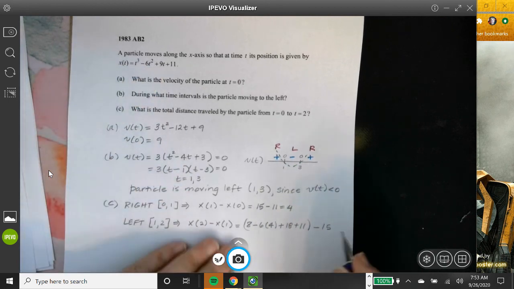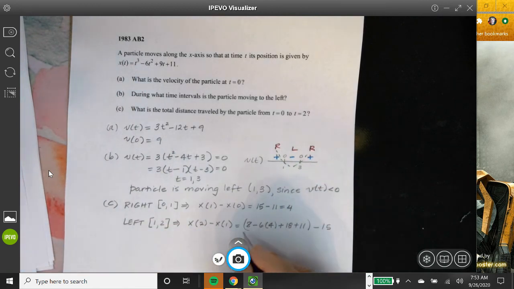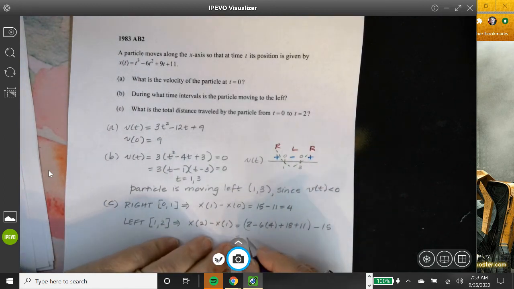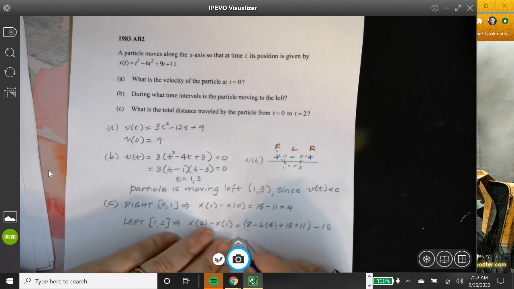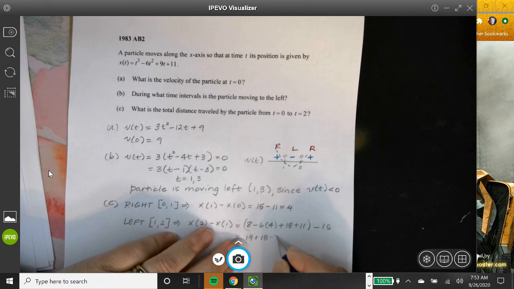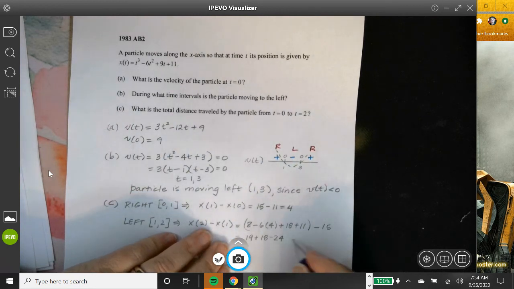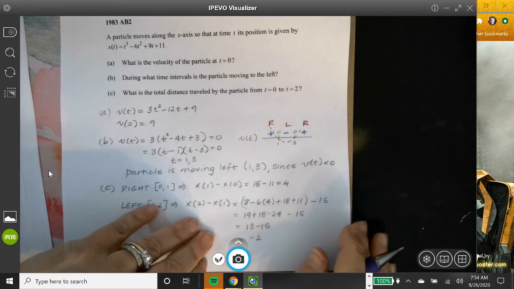That saves me some time. Well, 8 and 11 is 19, so it's going to be 19 plus 18 minus 24. And 24 minus 18 is 6, so this is going to be 13. 13 minus 15 is negative 2.